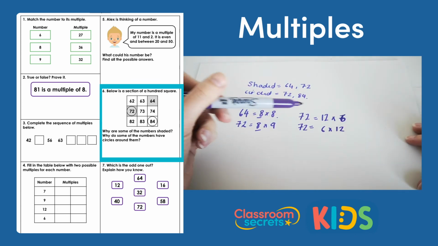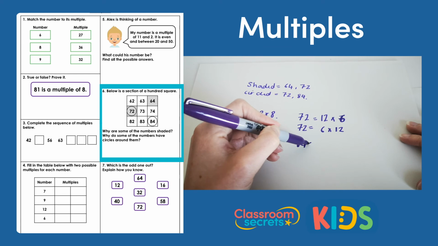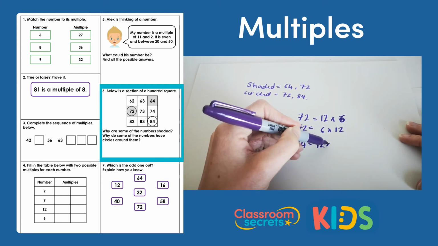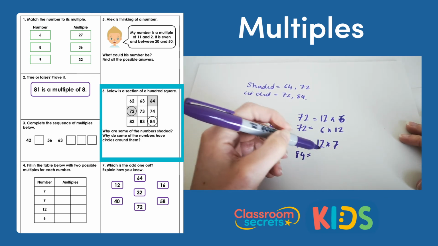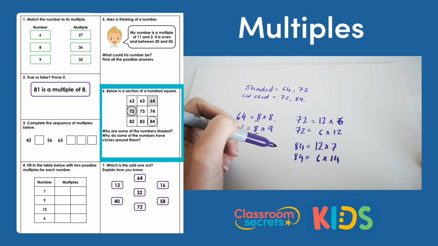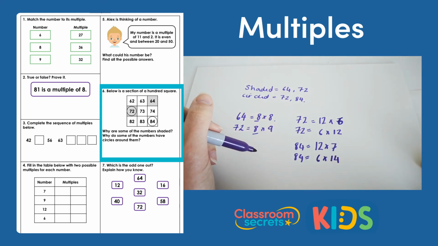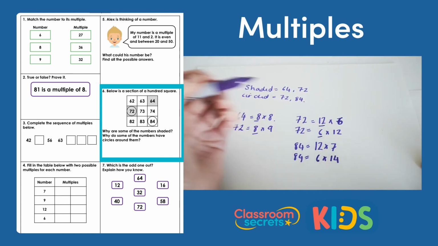So it's a multiple of 12 and 6. And the number 84 is exactly the same. It's a multiple of 12 because 12 times 7 is 84. But also 84 is a multiple of 6 because 6 times 14 makes 84. So 72 and 84 are multiples of 12 and 6.